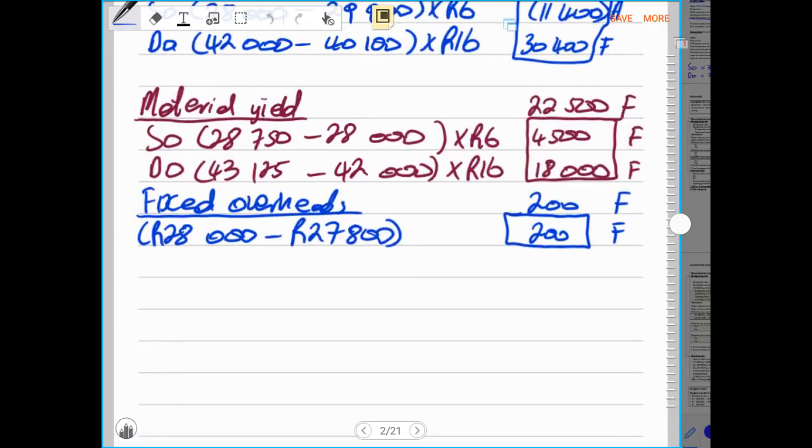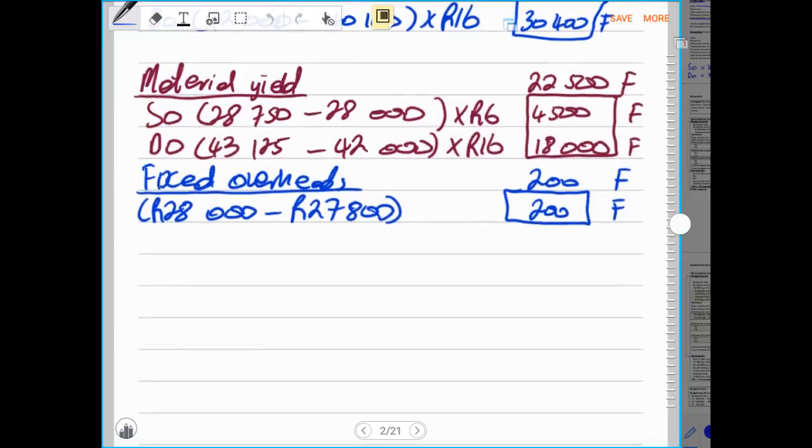So under the fixed overhead volume variance, which is the last variance under fixed overhead, it is actual production units minus budgeted production units, multiplied by the standard fixed overhead rate.